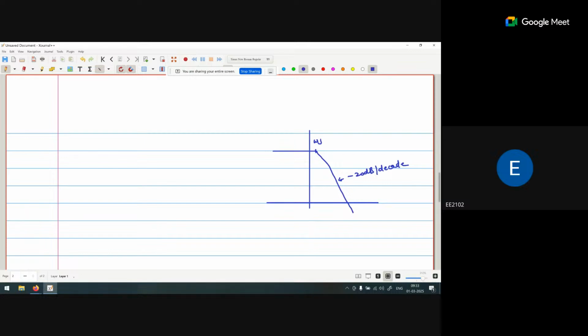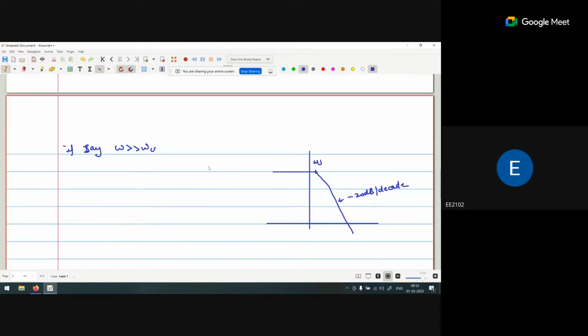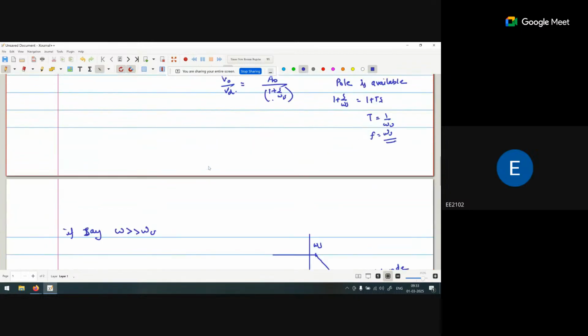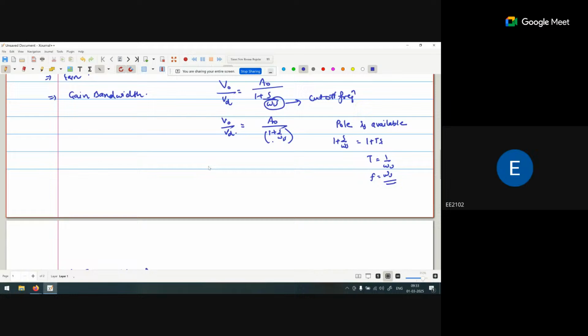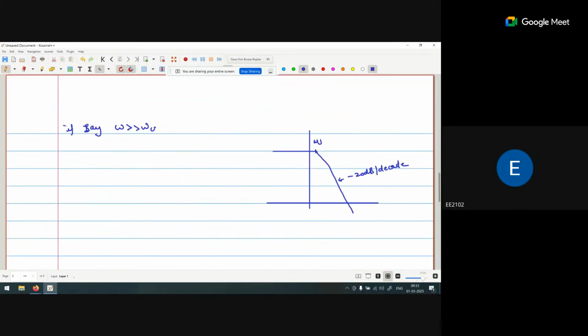Okay. Now, if I say omega should be greater than omega u, so V naught upon Vd is A naught over 1 plus S upon omega u. If I put it as A naught over 1 plus j omega upon omega u, and omega is greater than omega u, so omega upon omega u is greater than 1.